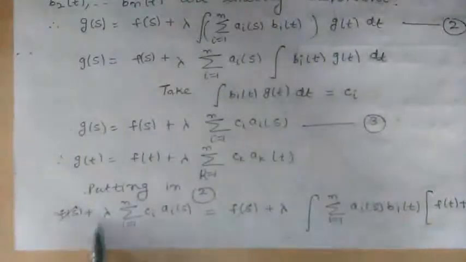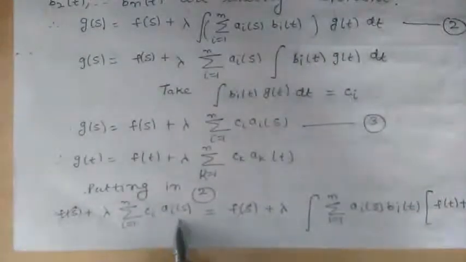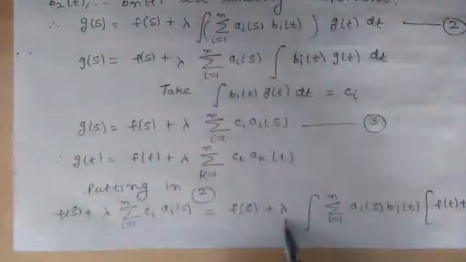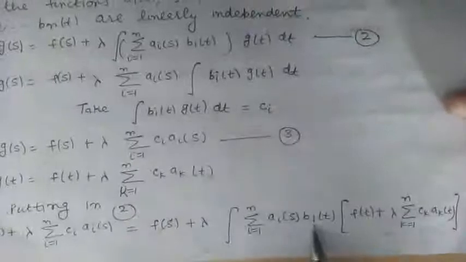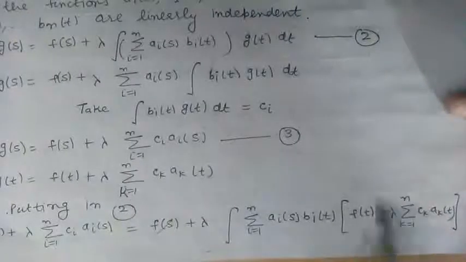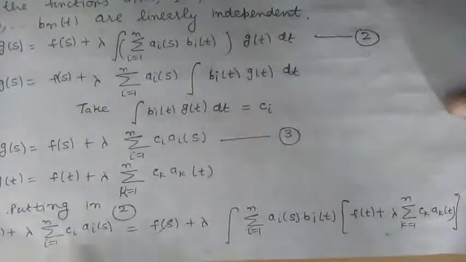Now substituting these two values in equation 2, we get f(s) + lambda summation ci ai(s) = f(s) + lambda integral summation ai(s) bi(t) and here we have substituted the value of the function g(t). Now we can see that f(s) on both sides of this equation cancels out.